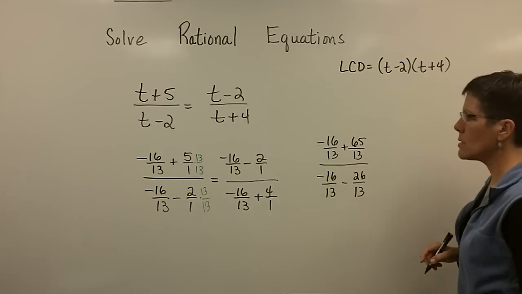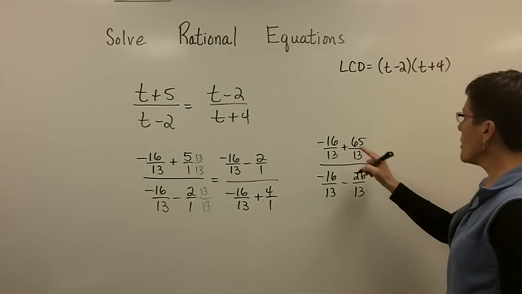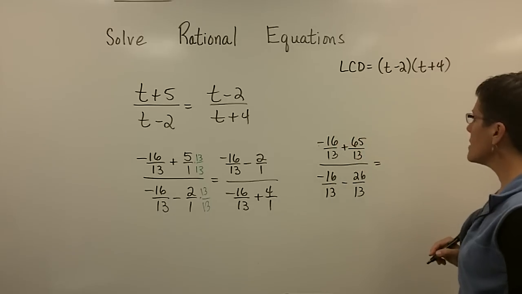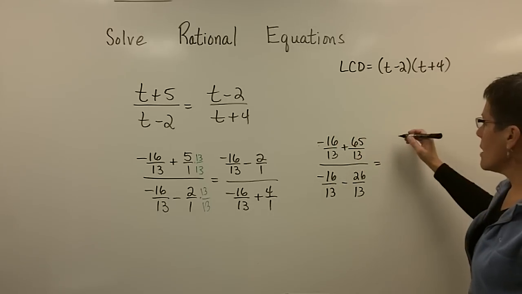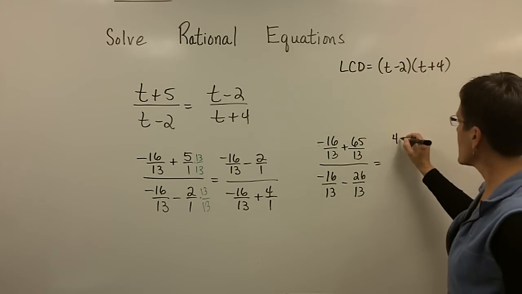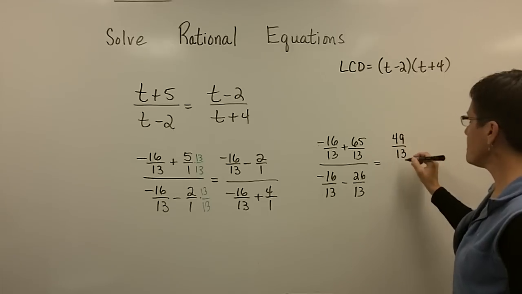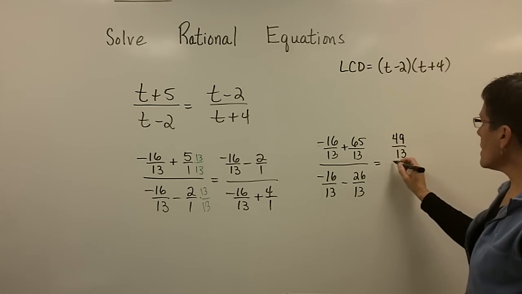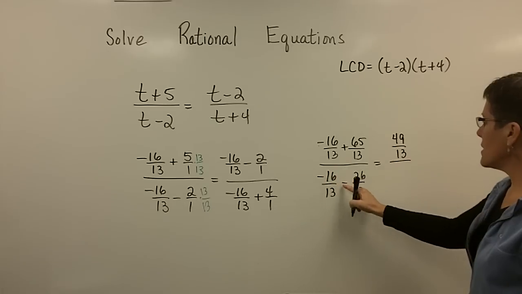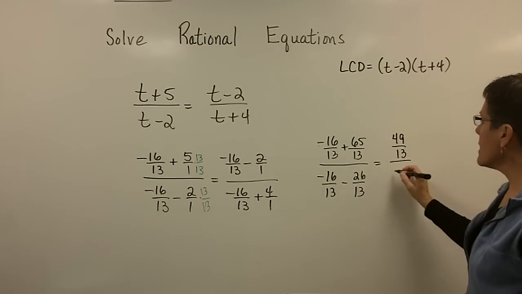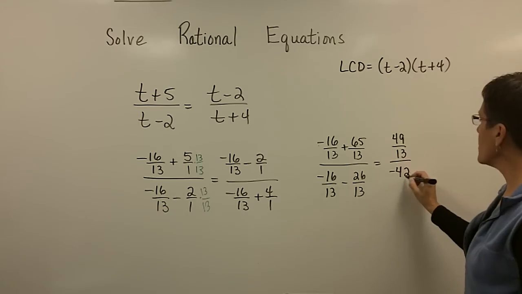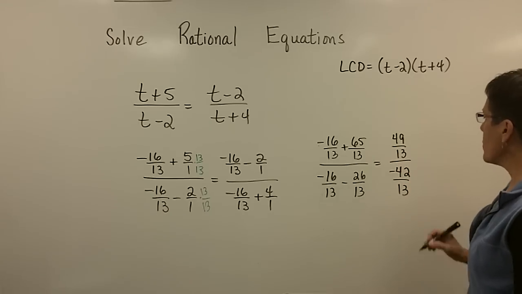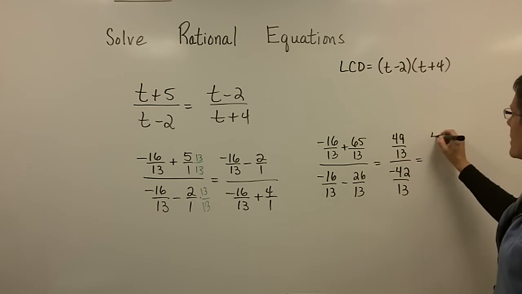Let's just finish this right here. So upstairs a negative 16 plus 65 is 49 over 13. And then down here, a negative 16 minus 26 is a negative 42 over 13. And when I divide with fractions, I have to multiply by the reciprocal.